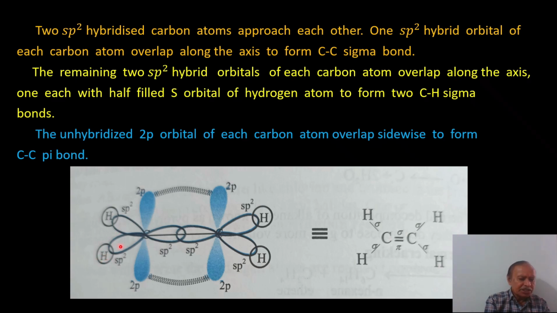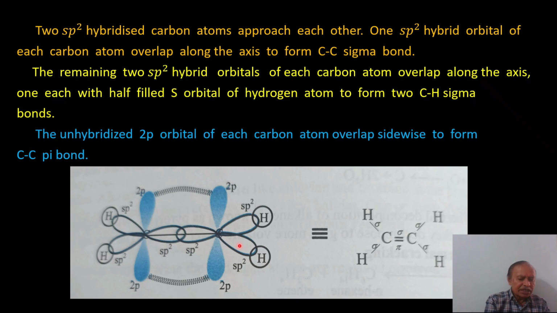In this way two bonds are formed between this carbon and these hydrogens. Similarly, the remaining two sp2 hybrid orbitals of the second carbon atom each overlap with the half-filled s orbital of a hydrogen atom. This sp2 hybrid orbital of this carbon overlaps with the half-filled s orbital of this hydrogen atom to form this C-H bond.